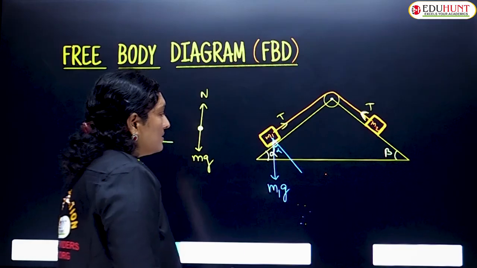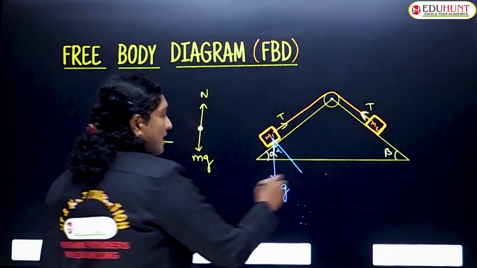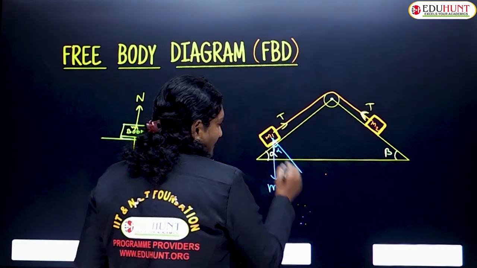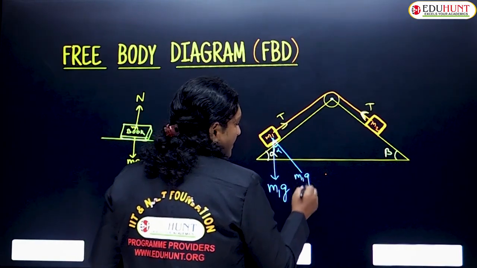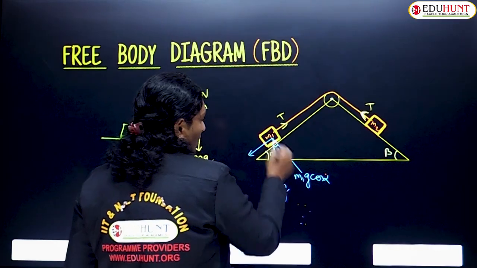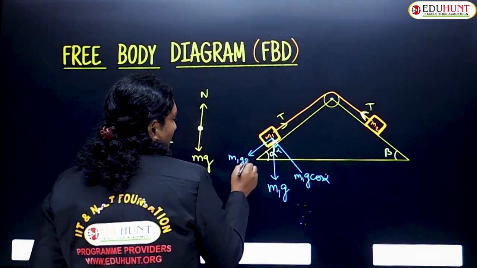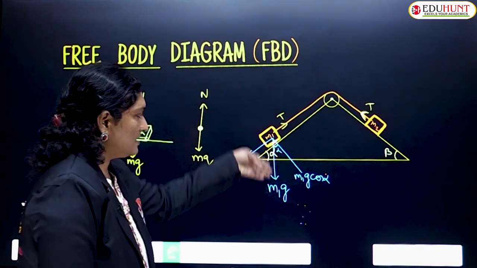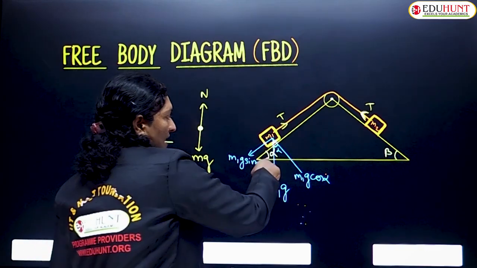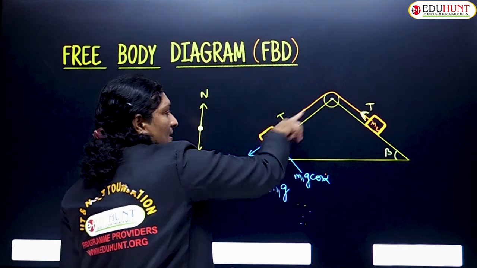Okay children? This m1g is again resolved into two components. The component along the incline is given by m1g sin alpha, and the component perpendicular to it is given by m1g cos alpha. The weight is vertically downwards. If this angle is alpha, this must also be alpha because these two lines are perpendicular to those.